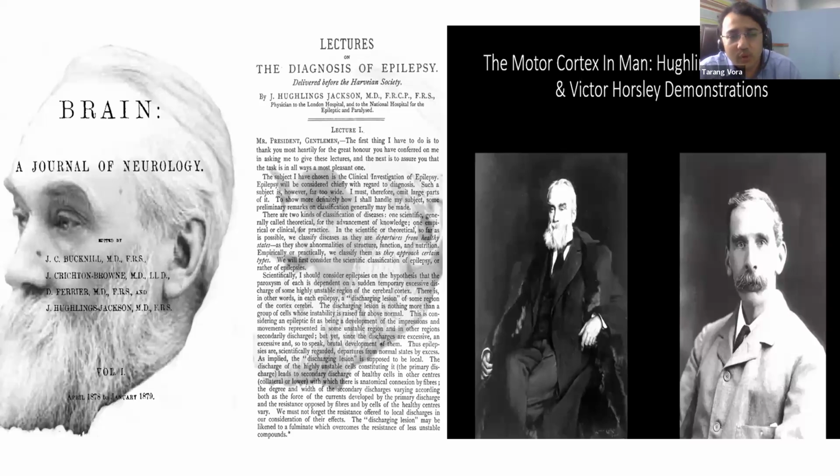Hughlings Jackson was the first to suggest that seizures may reflect a part of the brain controlling a particular part of the body.